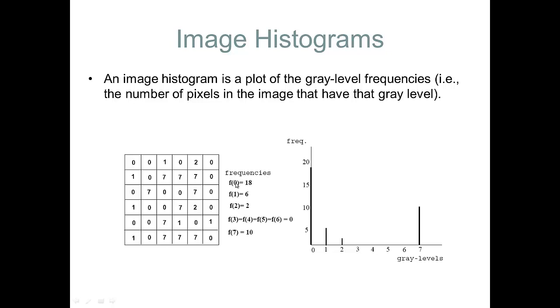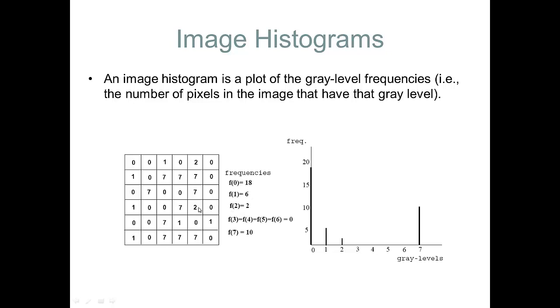That means there are 18 zeros in this image. Then f1 equal to 6, where the pixel value is 1. F is frequency. That means there are 6 ones in this image. If you count: 1 one, 2 ones, 3 ones, 4 ones, 5 ones, 6 ones. So the frequency is 6.